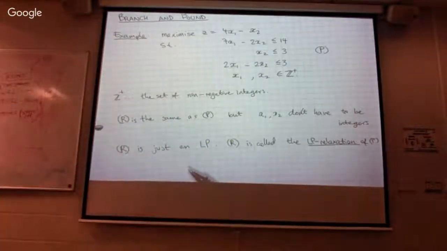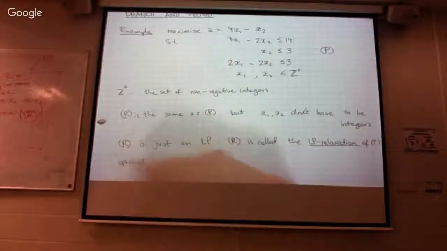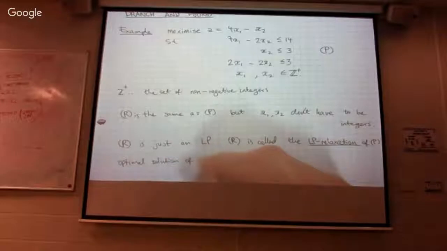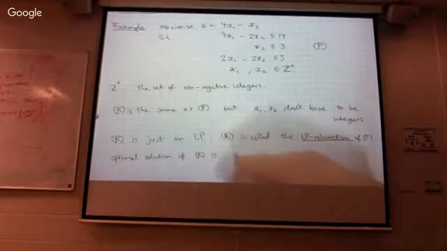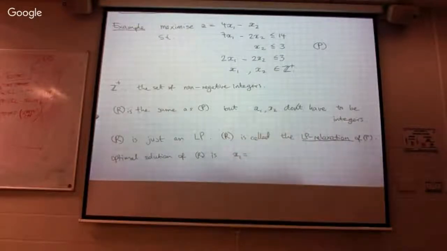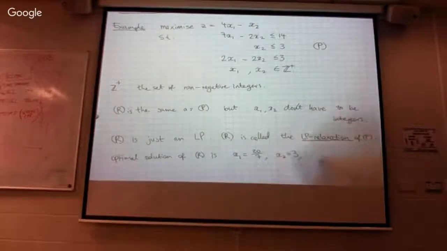So if you solve this by simplex, you get that x1 is 20/7 and x2 is 3, and the objective is 59/7.